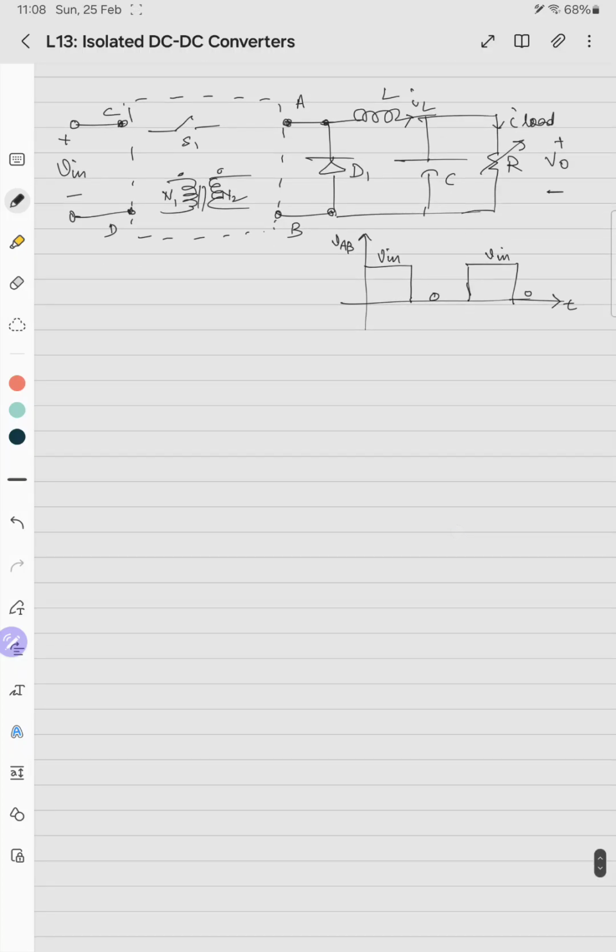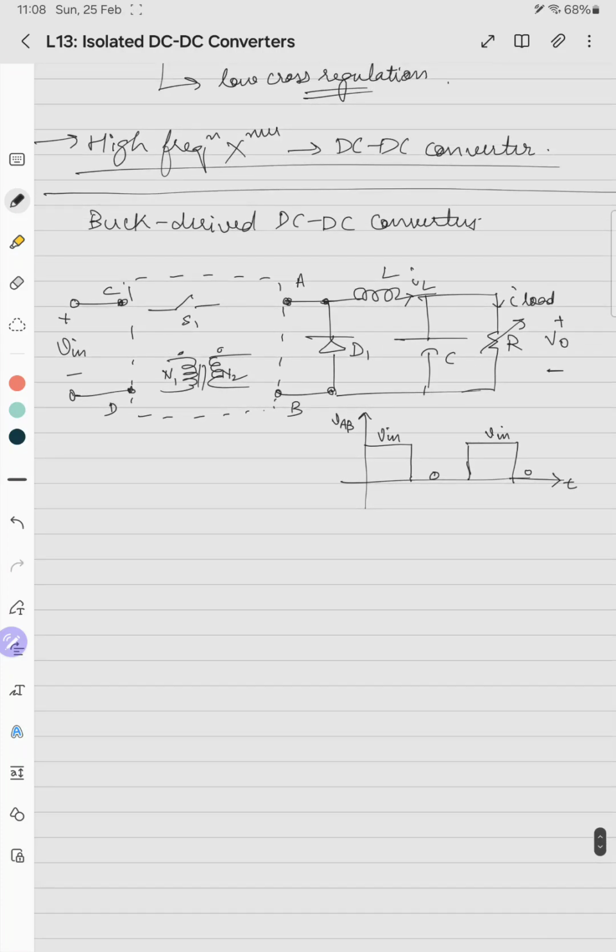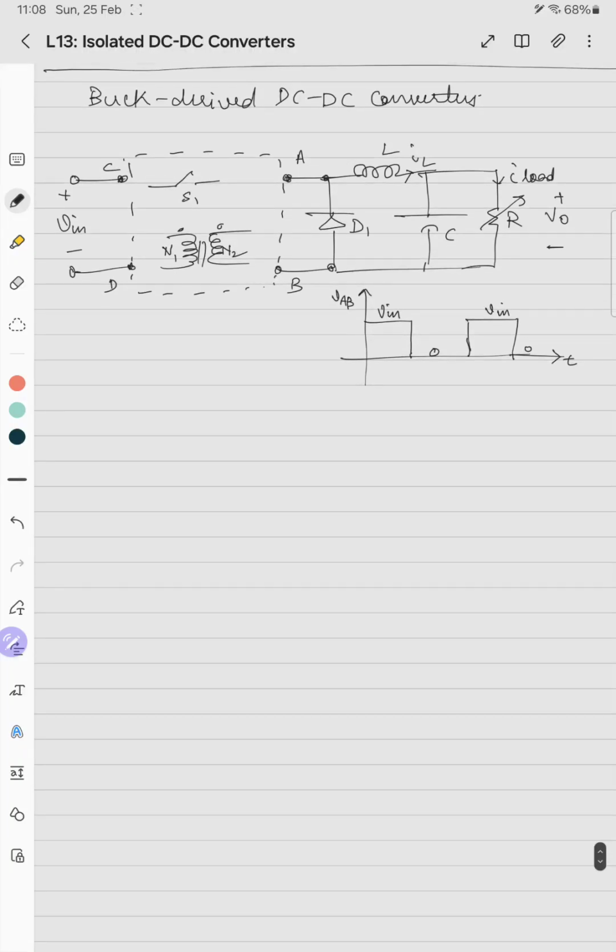So if we want to derive a DC-DC buck converter using a transformer, say this is VS and this is VP. Our aim is to have VS approximately equal to VAB, waveform wise.